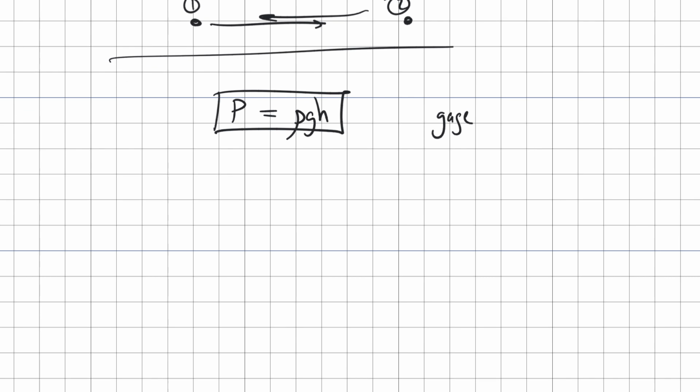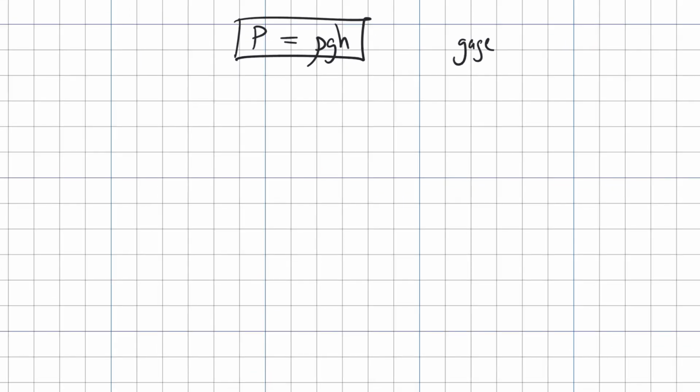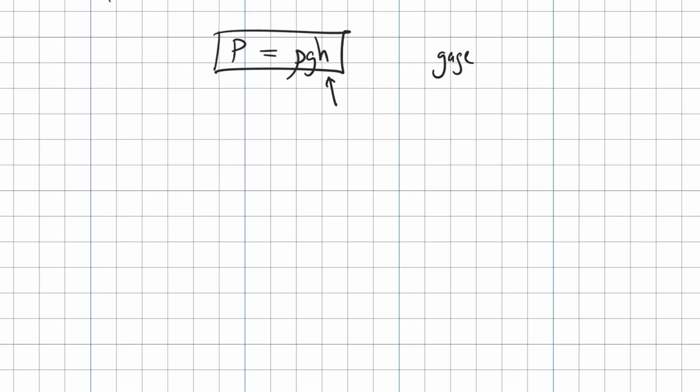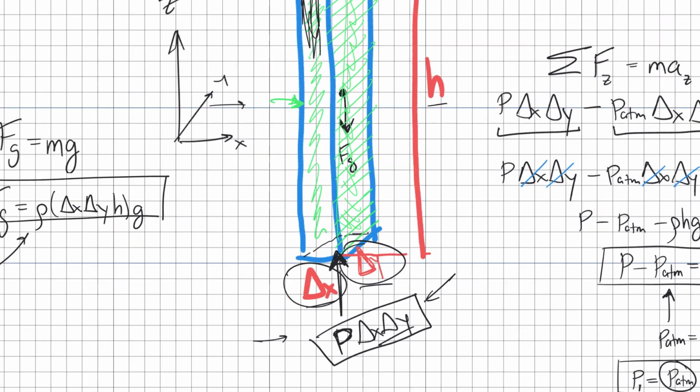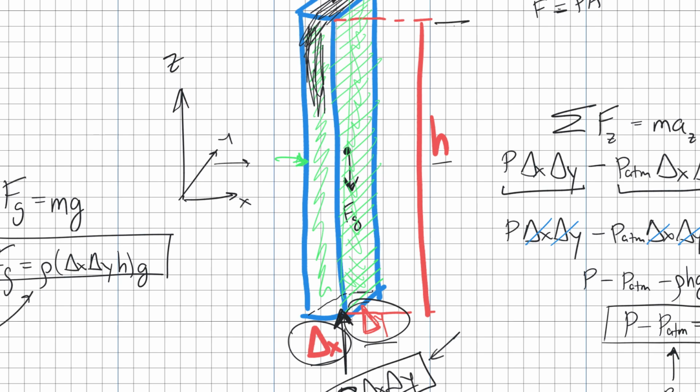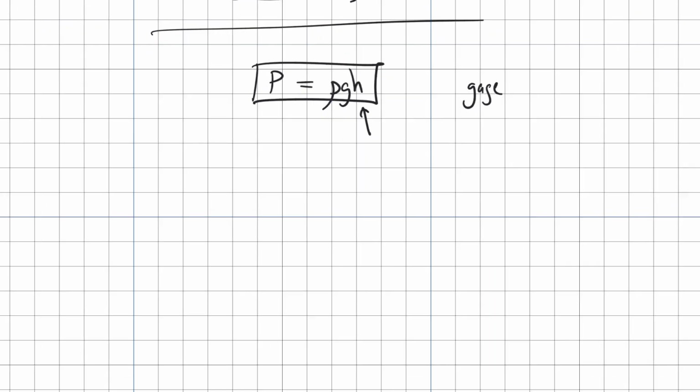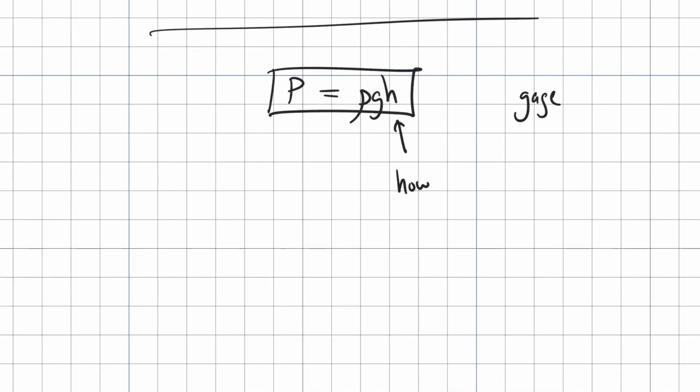Okay, just to set you up for the next thing, this tells you a few things. First, h is the depth. Remember, this is the distance you are from the surface of the water, so that's how far down you are. Notice that this particular pressure increases linearly with h.